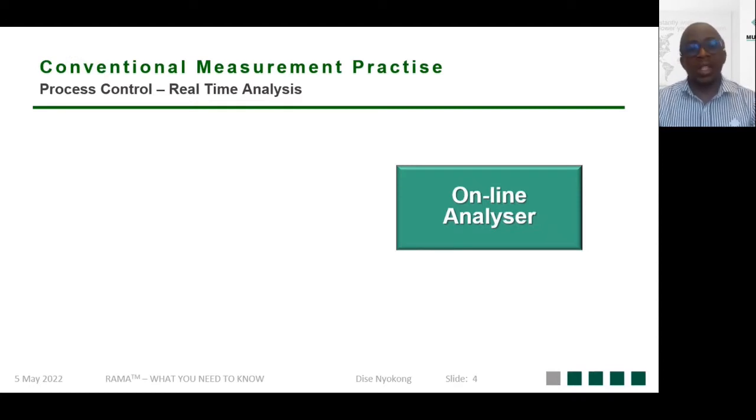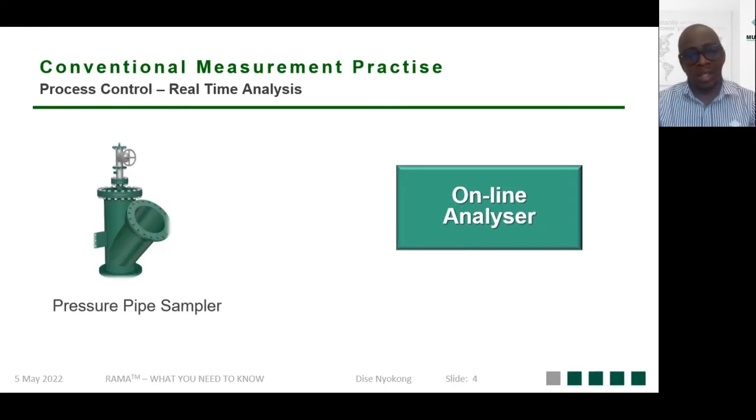Conventionally, in real-time analysis, you'll normally have an analyzer that is fed by a sampling device, depending on whether the application is under gravity or under pressure. Under pressure, it's what we refer to as a pressure pipe sampler, which extracts a continuous sample that gets fed to an online analyzer and continuously produces an analysis of what is fed.